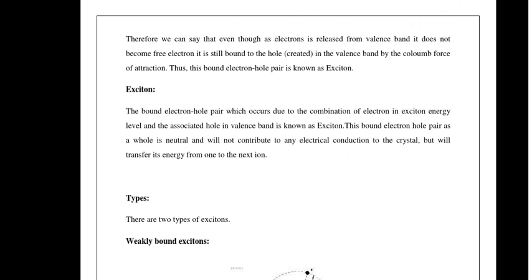So here, this is a bound form of electron and hole. In this case, you can see the free electron is still bound to the hole in the valence band because of the Coulomb force of attraction, and this electron-hole pair is called an exciton.